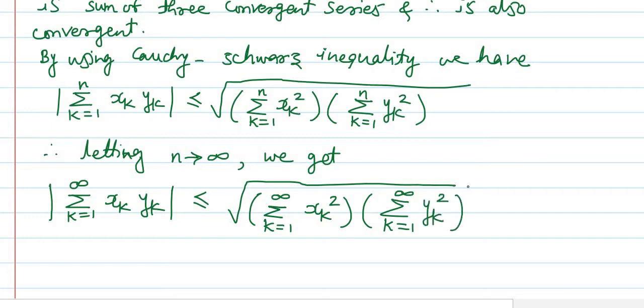So this is the relation we have obtained, and therefore we can say that the given d function is well defined. Let us denote this relation by number 1.